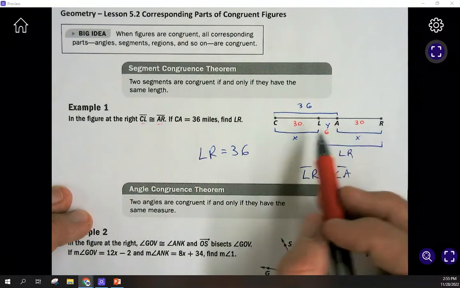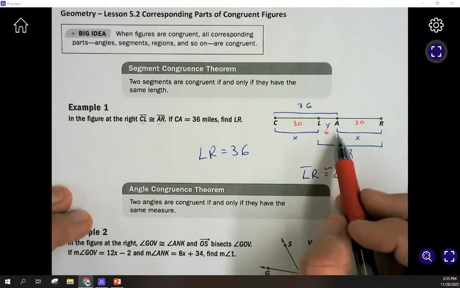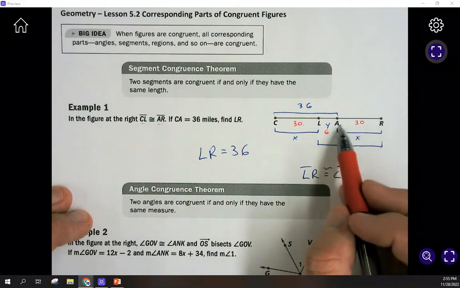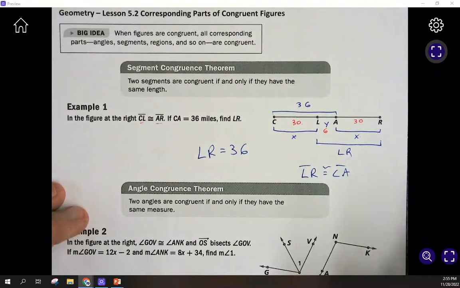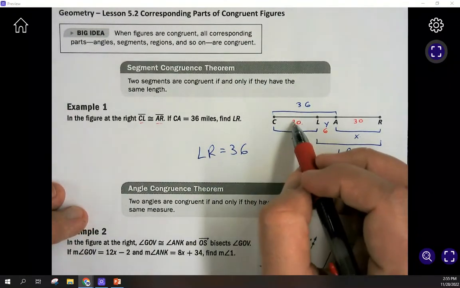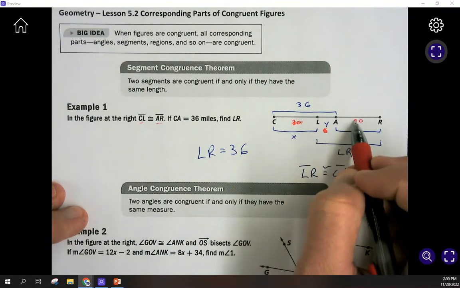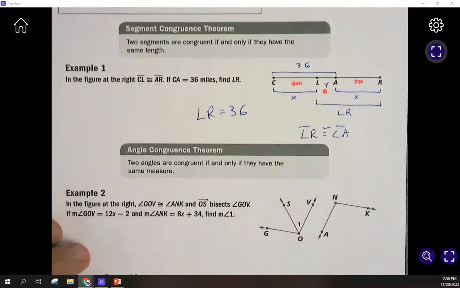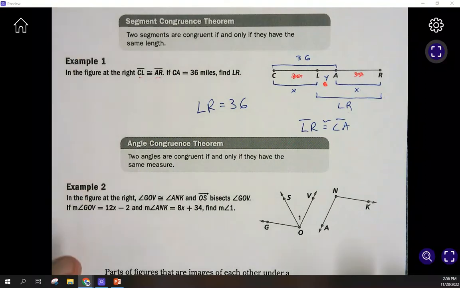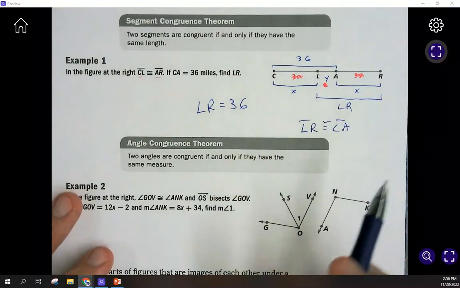It was given to us. It's congruent to this one. Okay, so if I'm finding LR, it's the 30 again plus this piece of 6. So it's 36 total. Again, those were made up numbers, but it just shows you how this works with all of those congruent pieces. All right, so that's just talking about congruent segments, meaning they are the same length.